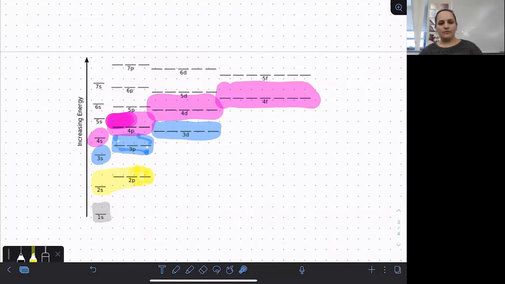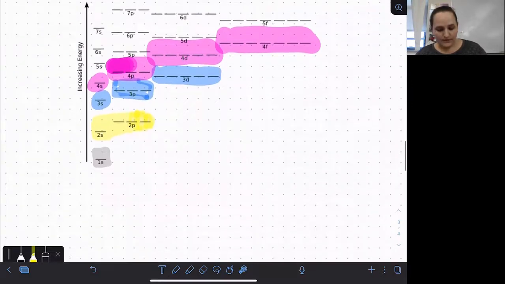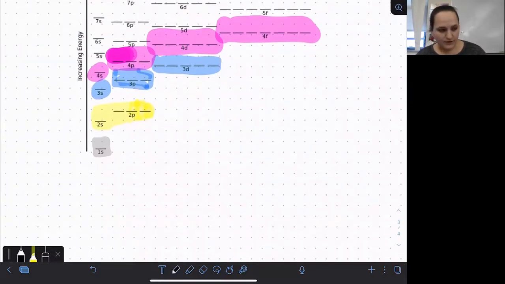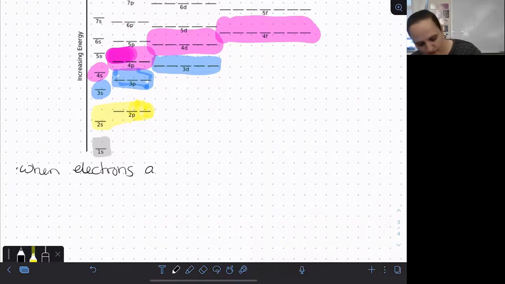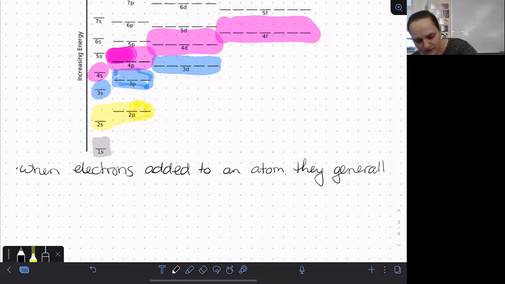So how do electrons actually fill this situation up? There are a few rules that are generally followed. When electrons are added to an atom, we think about building an atom from scratch and putting all of the electrons in one by one. We generally fill orbitals according to certain rules.